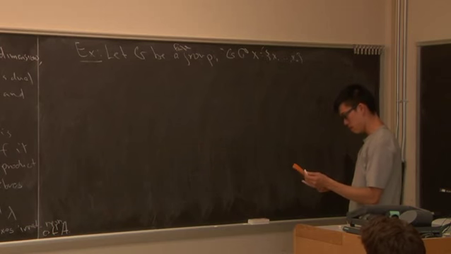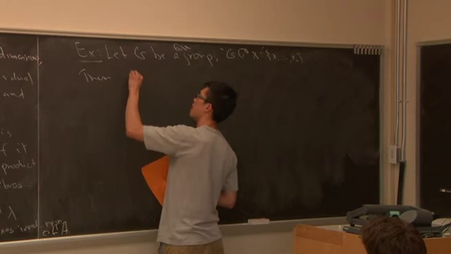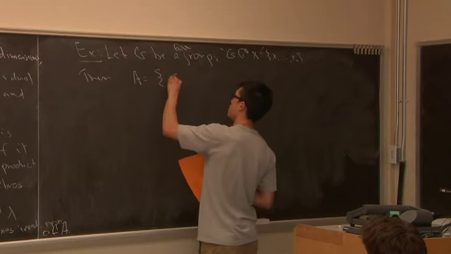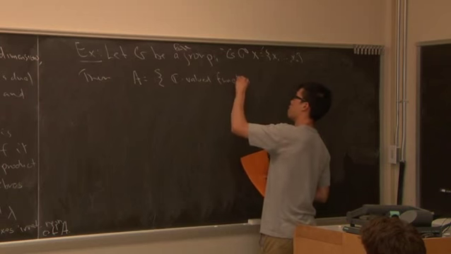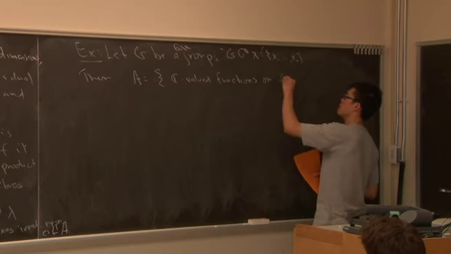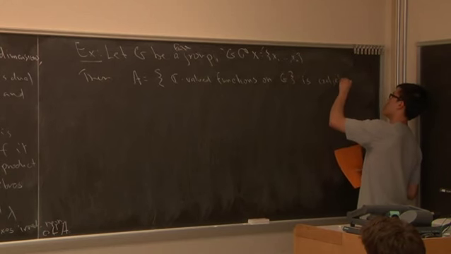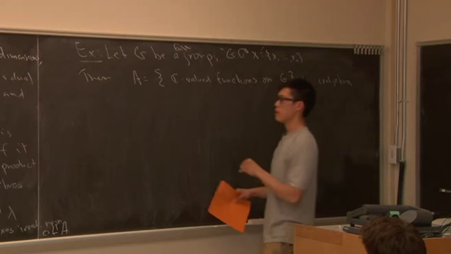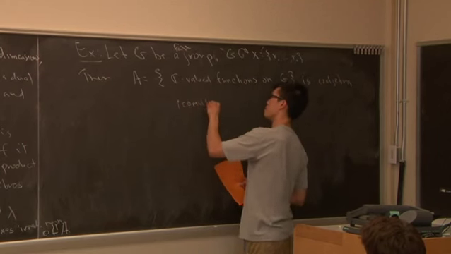And where am I? So then we'll call A the complex valued functions on G, which is a coalgebra. So why should that be true? Well, we need a co-multiplication.